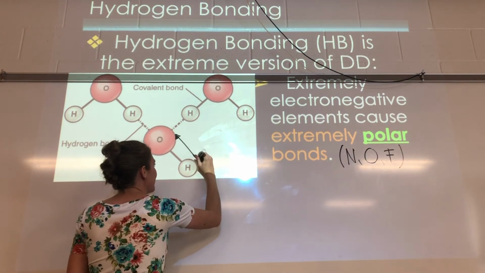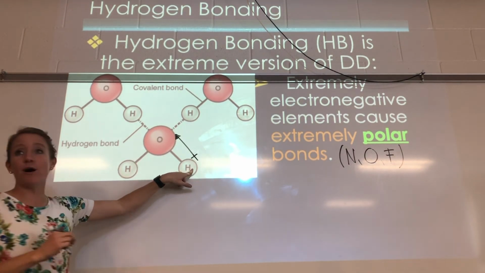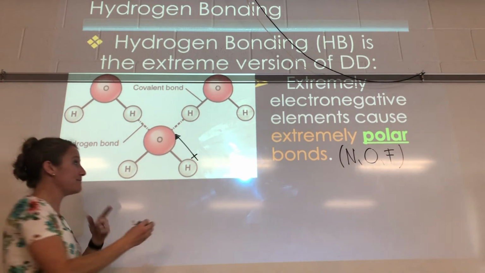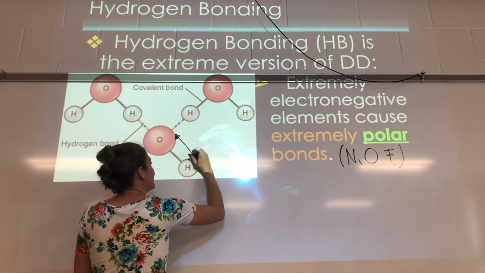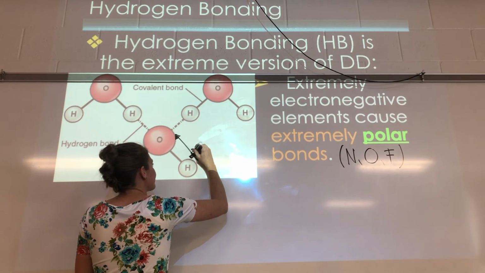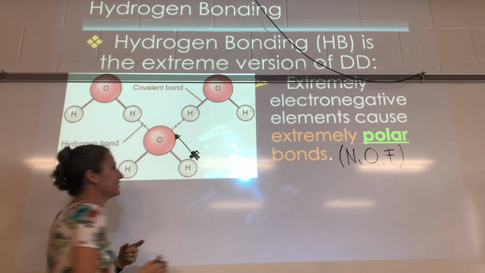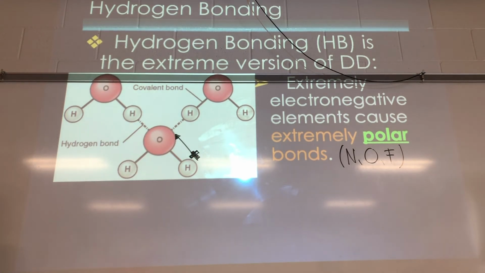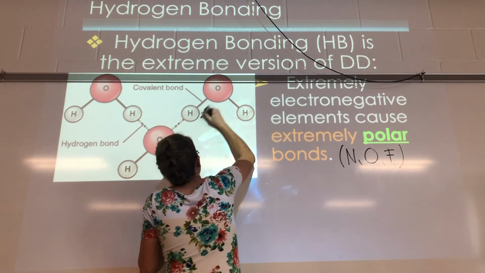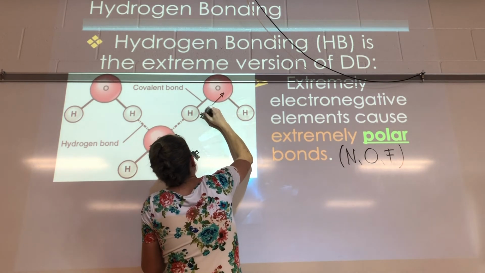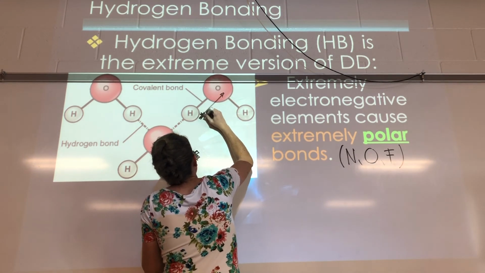So hydrogen not only becomes positive, but it becomes super positive. Because you just have this bare nucleus with no electrons around it. Okay? So the same thing's going to happen here, we are super positive.